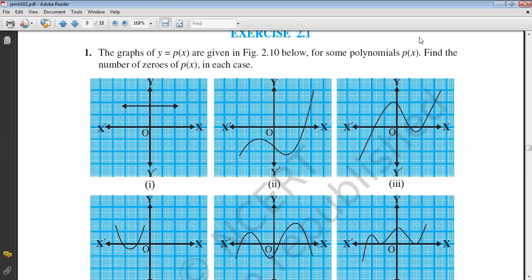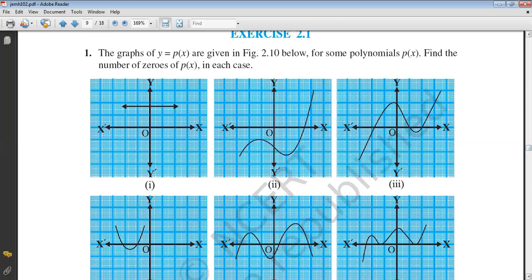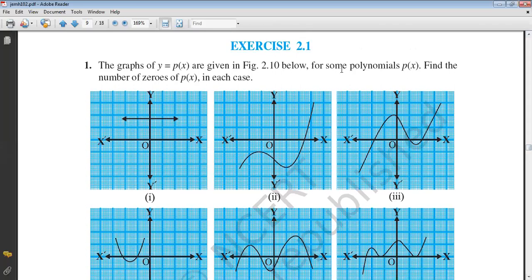So students, you can see on the screen exercise 2.1. Exercise 2.1 is based on geometrical representation. The question is: the graphs of y equal to p(x) are given in figure 2.10 below. For some polynomials p(x), find the number of zeros of p(x) in each case.